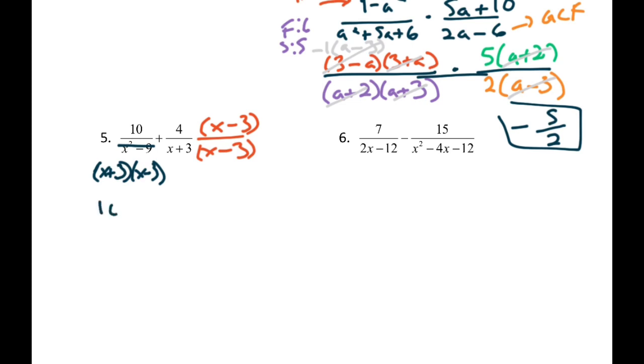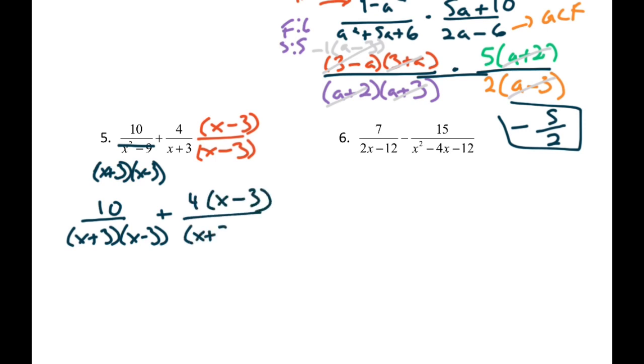So we'll have 10 over x plus 3, x minus 3, plus 4x minus 12. Actually, I'm not going to distribute that yet. So plus 4 times x minus 3 over x plus 3, x minus 3.